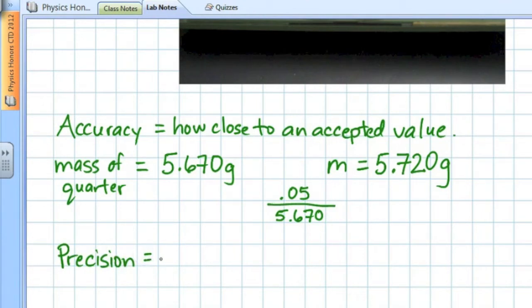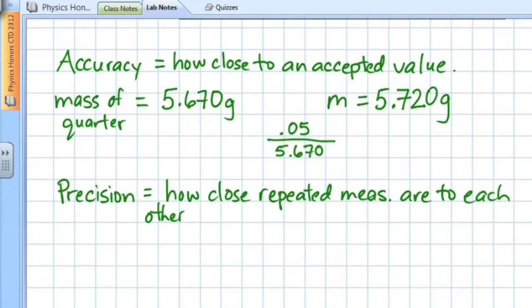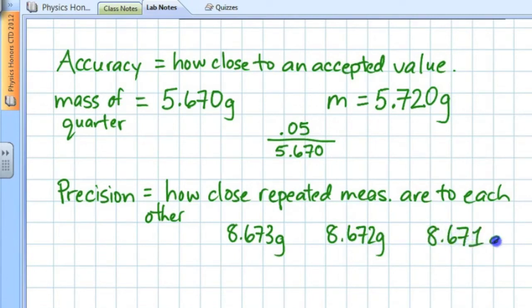Okay. The other thing that we could talk about is the precision of a measurement. And the precision is how close repeated measurements are to each other. So let's take that same example of a quarter and we toss it on a scale in the classroom. Let's say we have 3 separate scales sitting in different places, and one of them says, I'm just going to make this up, 8.673 grams, and the next one is 8.672 grams, and the third one is 8.671 grams.